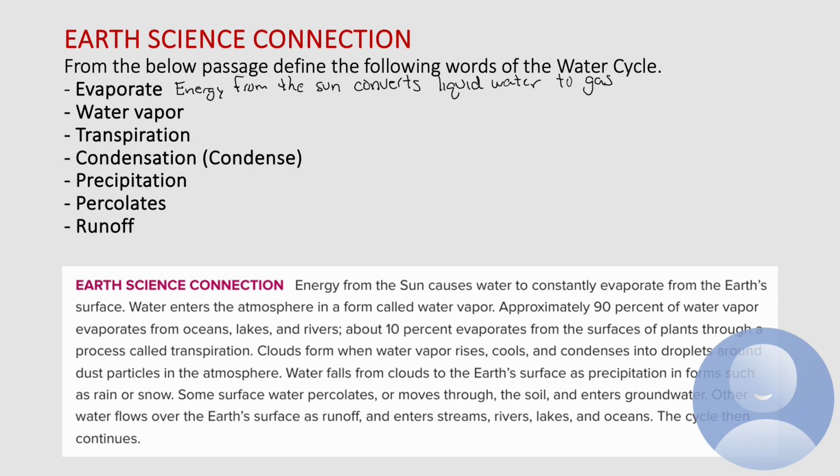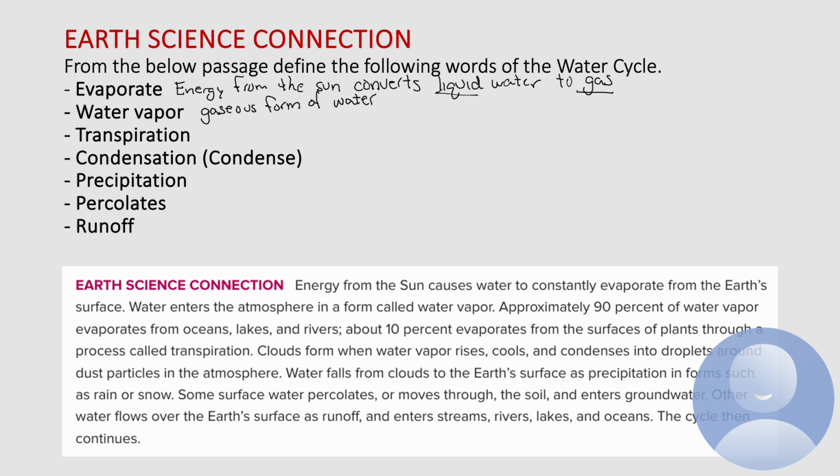So the key here is we're going from a liquid to a gas when we're talking about evaporation. Now, water vapor is that gaseous form of water, okay? So when we're talking about water vapor, we're talking about how it is in its gaseous form.